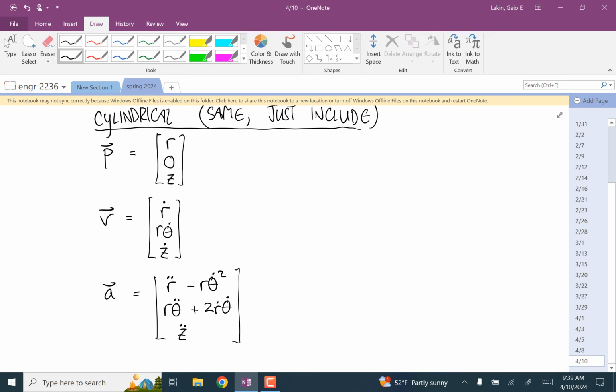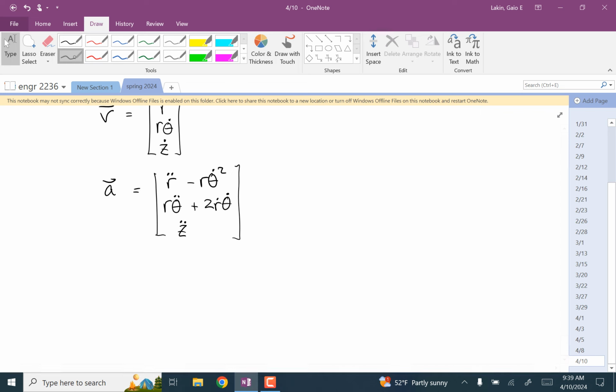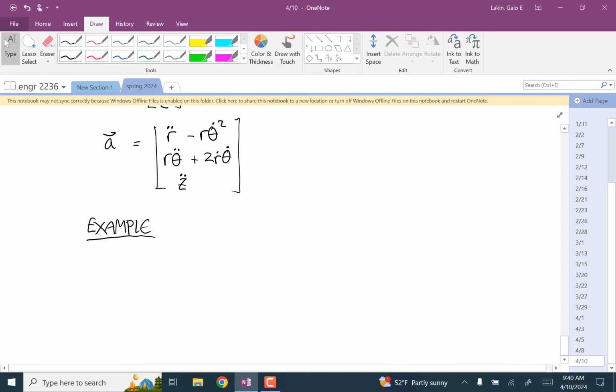Okay, well, let me just do the simplest example possible. An example that's pretty simple, but I'm going to put one little extra thing into it.